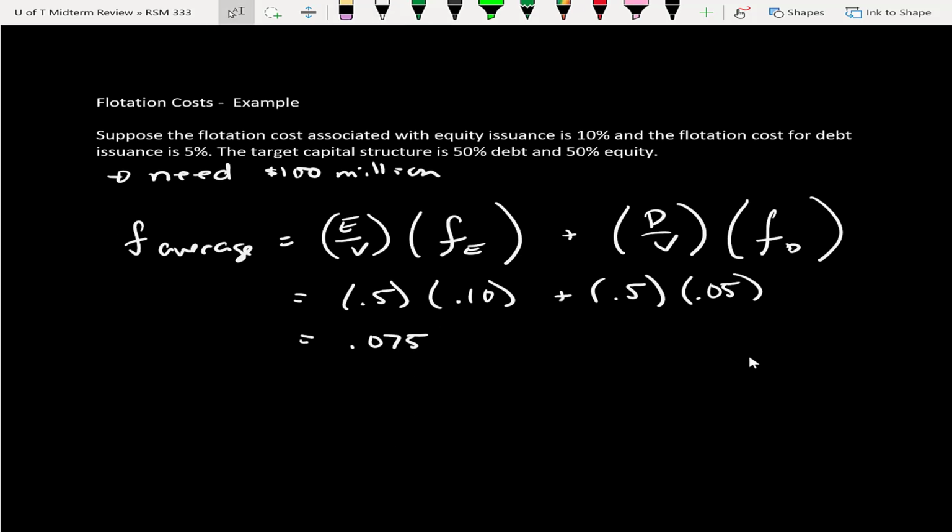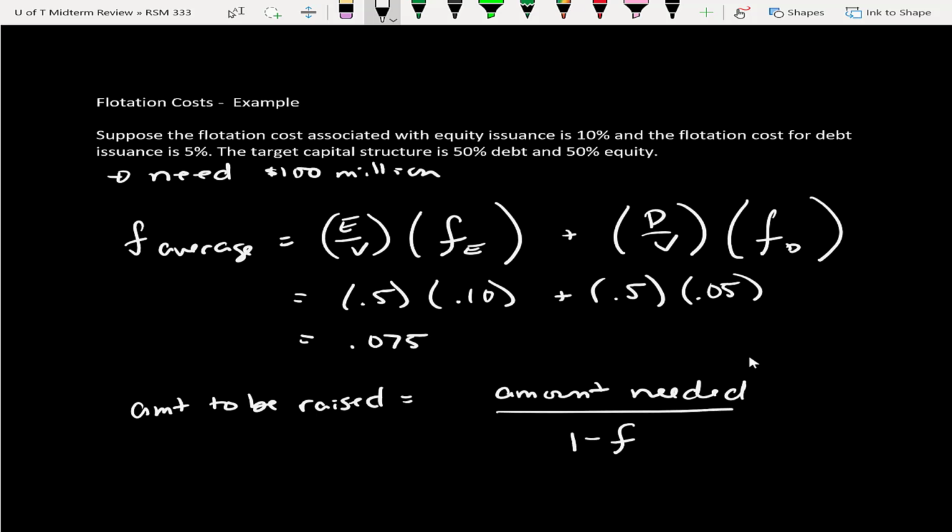So then the question is, how much do you actually need to issue in order to end up with $100 million? It's not going to be $7.5 million because you're paying the fee on the amount that's issued. So the amount to be raised, the formula will be the amount needed divided by 1 minus the average flotation cost.